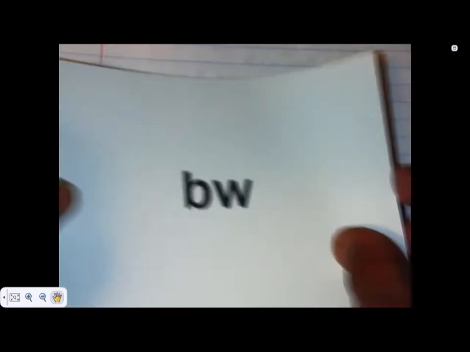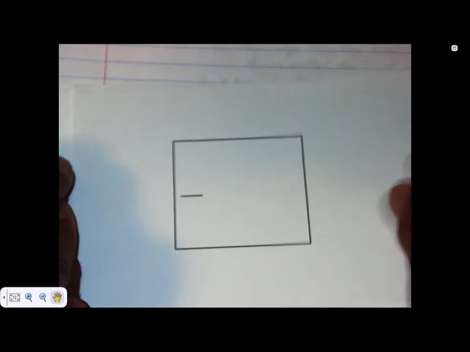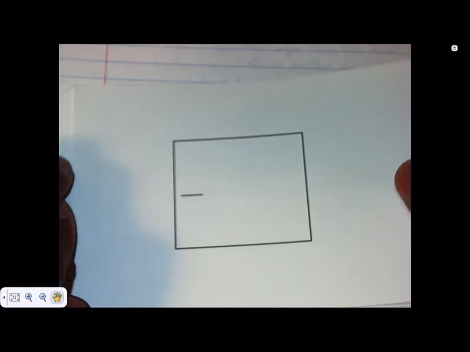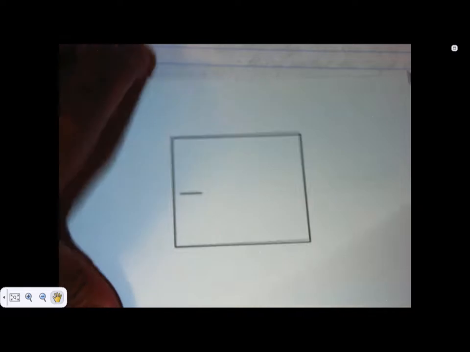Before we get into that, I just want to remind you that BW, when I show you those formulas, is the base word. The base word is the smallest unit, the simplest form of an English word.